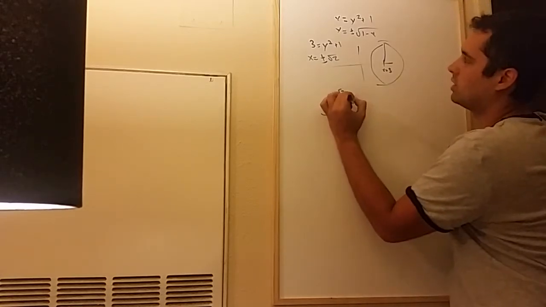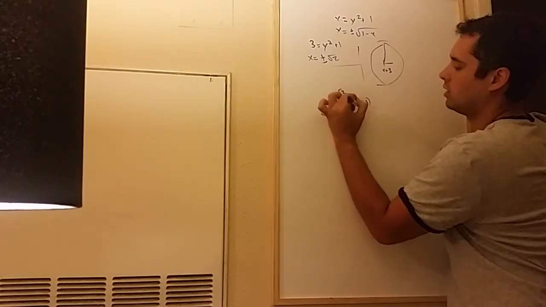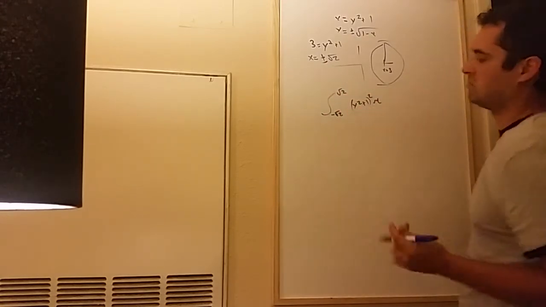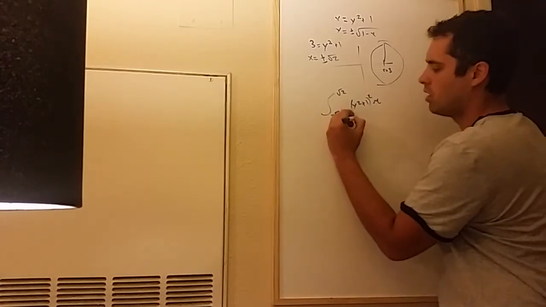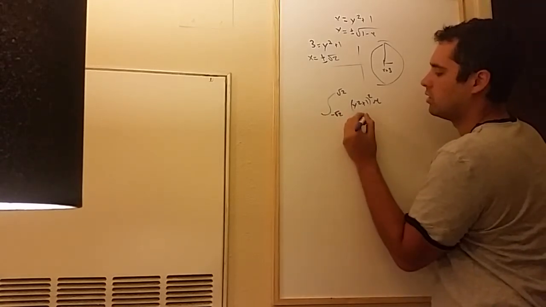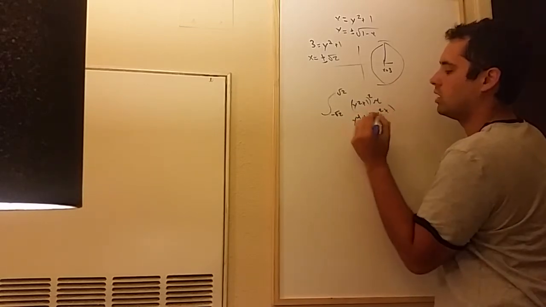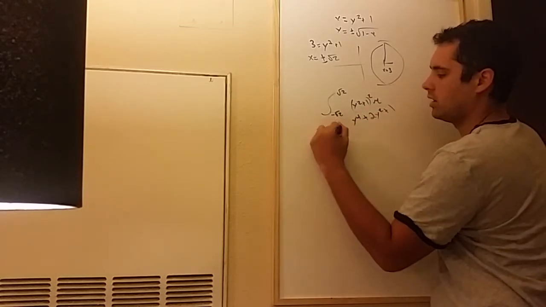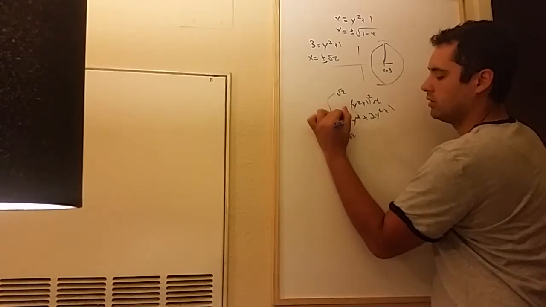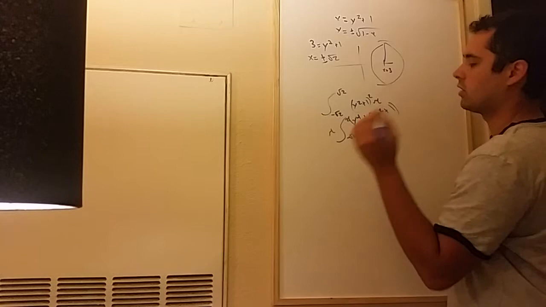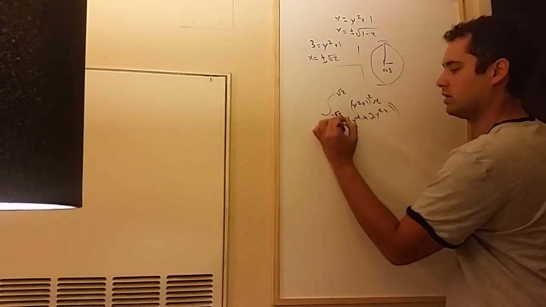And then our equation, y squared plus 1 squared times pi, and we just integrate. y to the 4th plus 2y squared plus 1, pi out here, integrate negative square root of 2 to square root of 2.